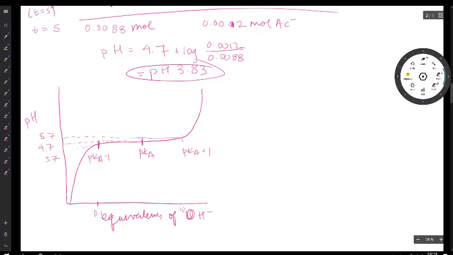So when we change the pH from pKa minus 1 all the way up to pKa plus 1, the relative change between those is going to be pretty flat.